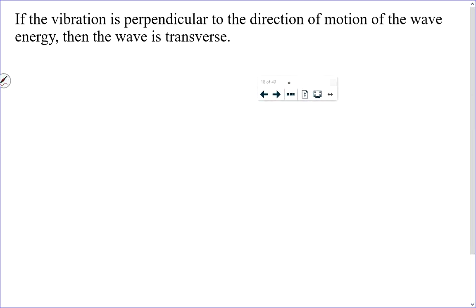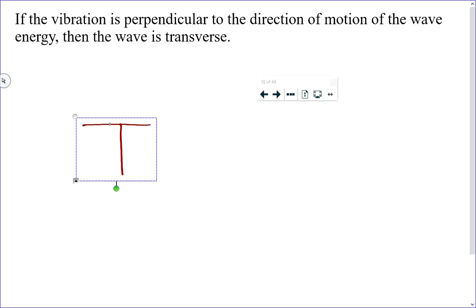If the vibration is perpendicular to the motion of the energy, that's transverse. Some people have a difficult time remembering that, but if you look at the perpendicular symbol, it looks like an upside down T. T for transverse, flip it over, it's perpendicular.